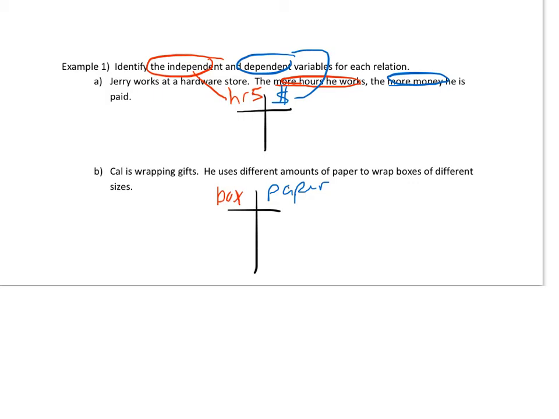If they bring out a small box, you use a small amount of paper. Bring out a big box, you'll use a lot of paper. And what that means is then that our independent variable is the size of the box, because we can pick any box we want, and the amount of paper will depend on that box.